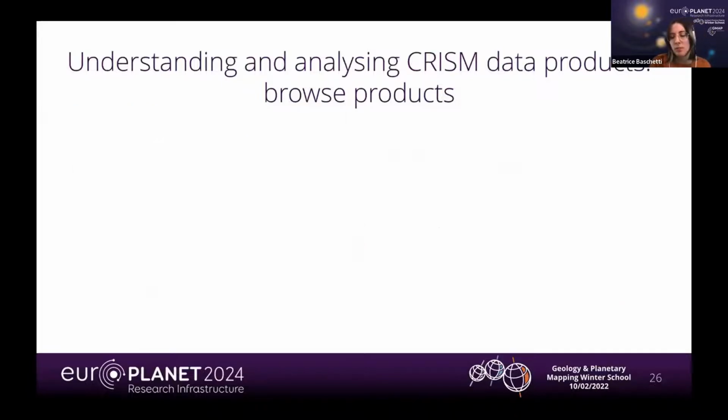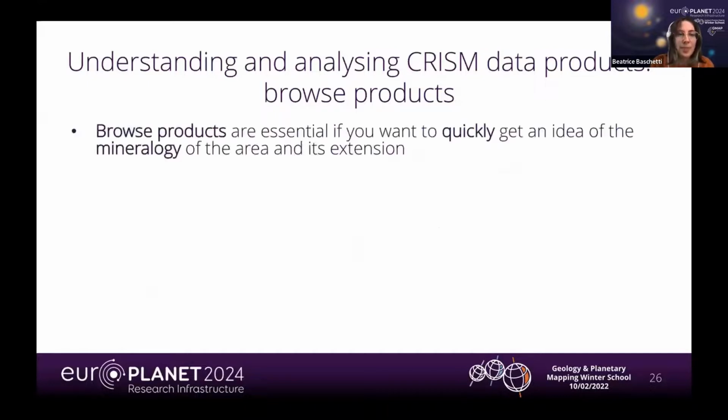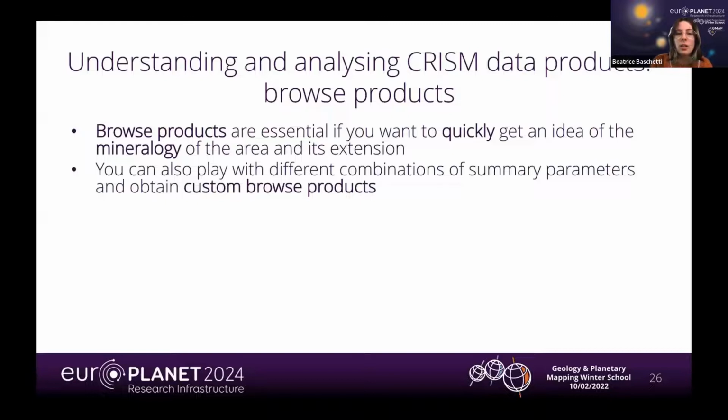Okay, so to sum up the information about the gross products, gross products are very good if you want to quickly get an idea of the mineralogy of the area, as we have seen, and its extension. And one thing that I have not said is that you can also play with different combinations of the summary parameters and obtain custom gross products.